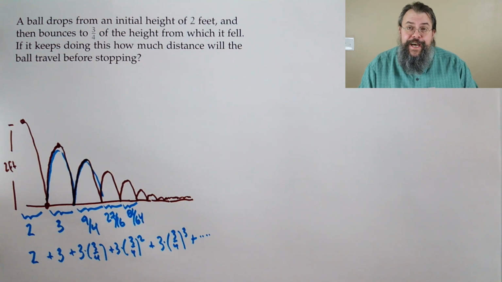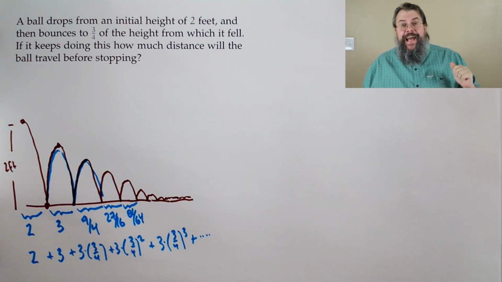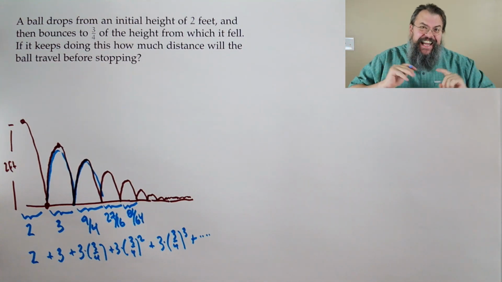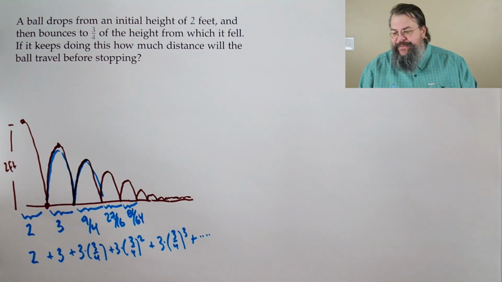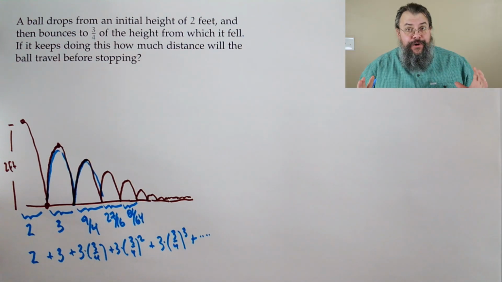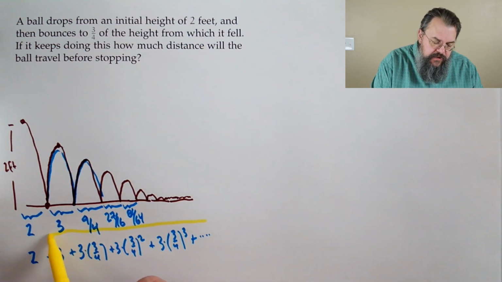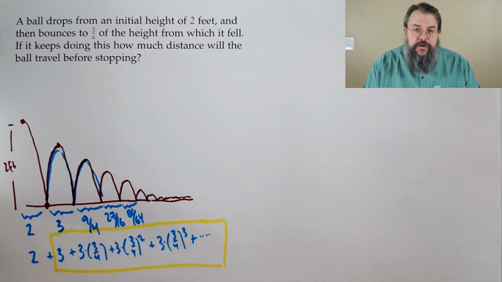All right, so we have to add this up. Now, is this geometric? Kind of. We gotta be careful here. Now, technically speaking, as a whole, no. But if we think of it as some pieces, there's really 2 parts.